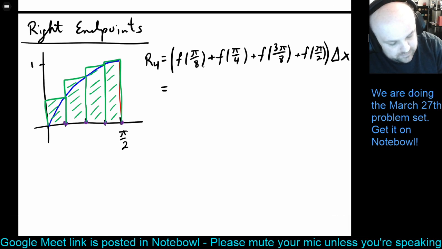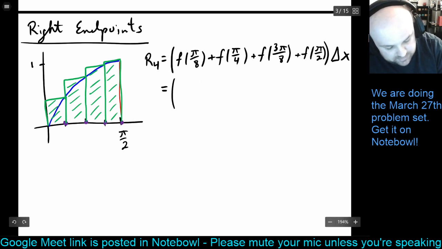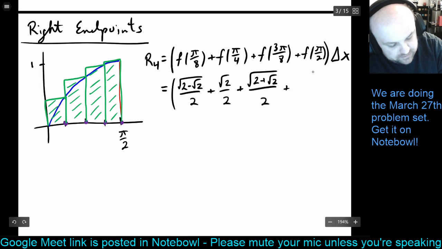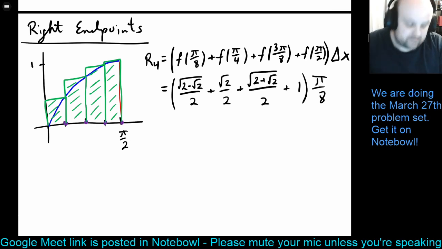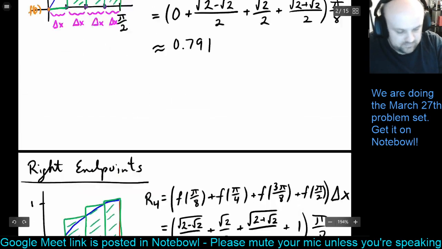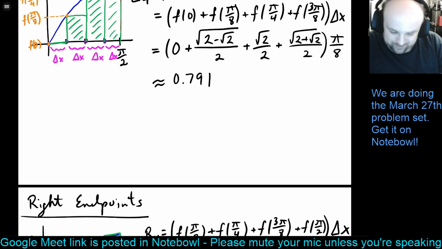So let's see, this was the square root of 2 minus square root of 2 over 2. This one is root 2 over 2. This one is square root of 2 plus square root of 2. This one is 1. And times pi over 8. So this is actually going to be this answer plus pi over 8.